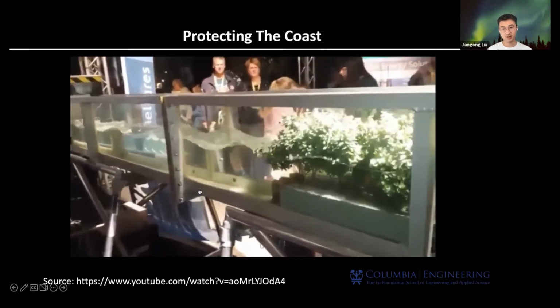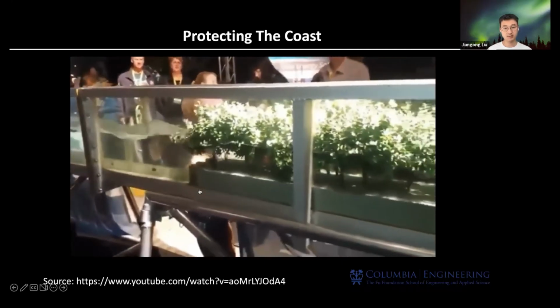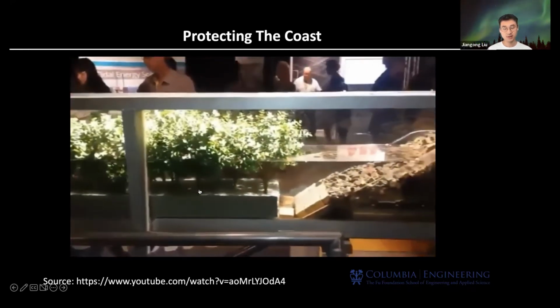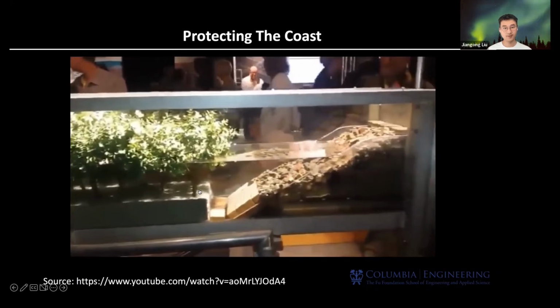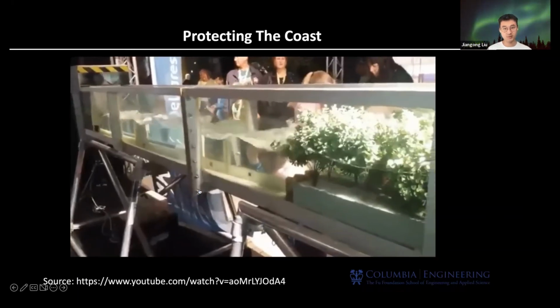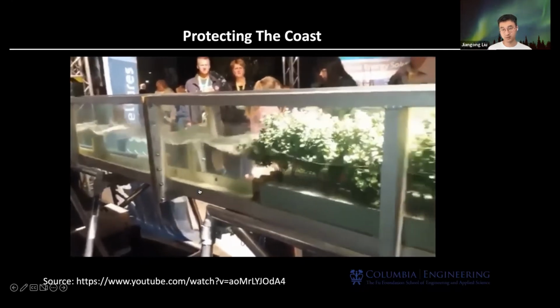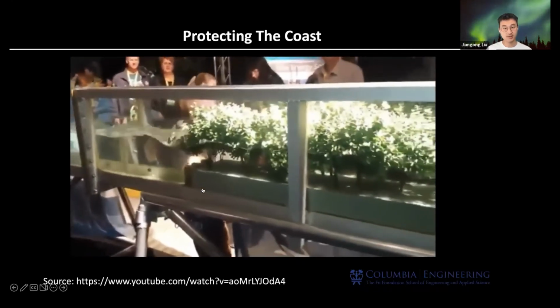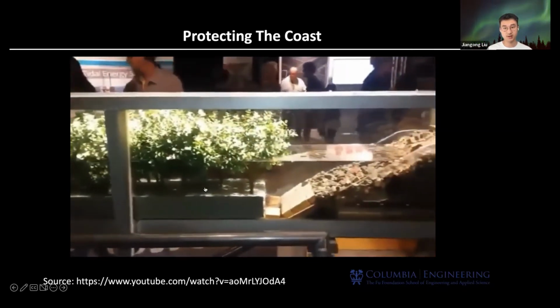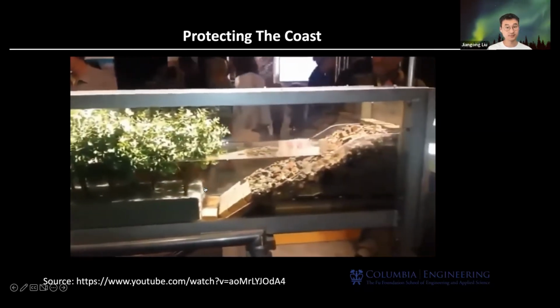It shows how mangroves can act as a buffer for huge waves. Mangroves can absorb the energy contained in these huge waves coming towards the land, and behind these mangroves the sea surface is quite stable.